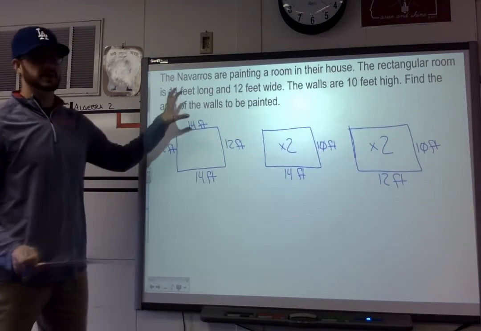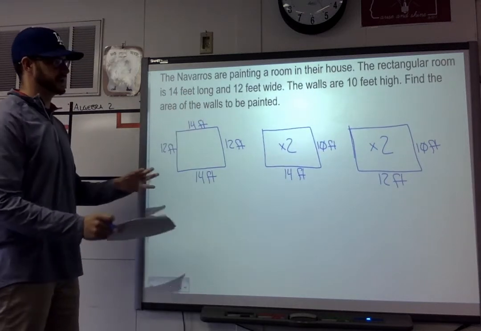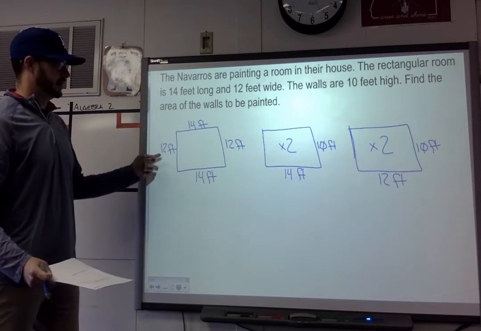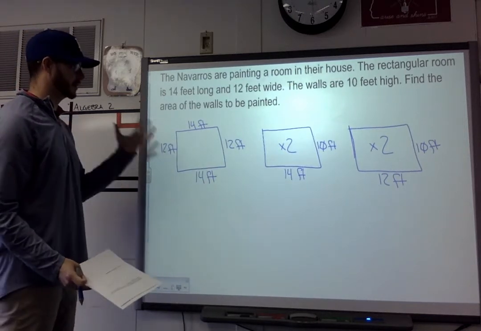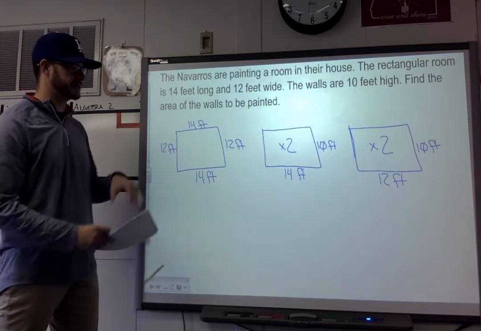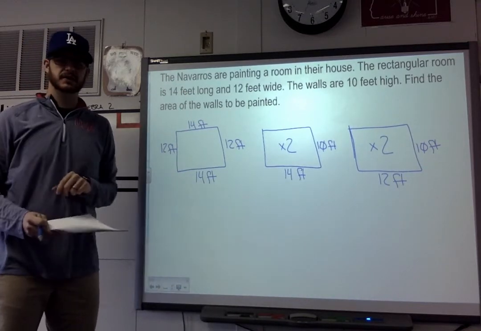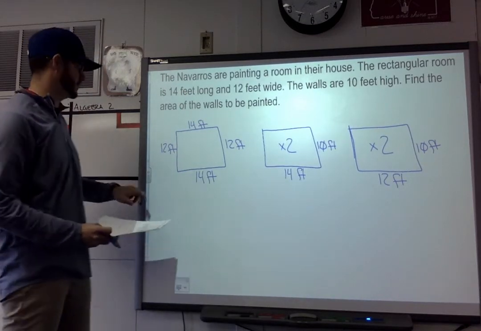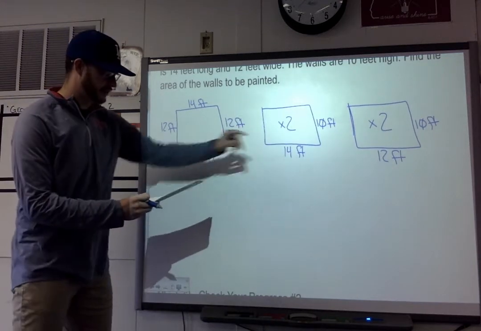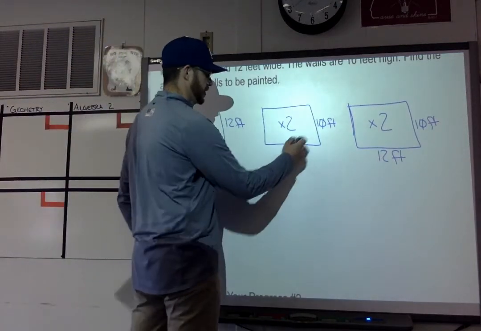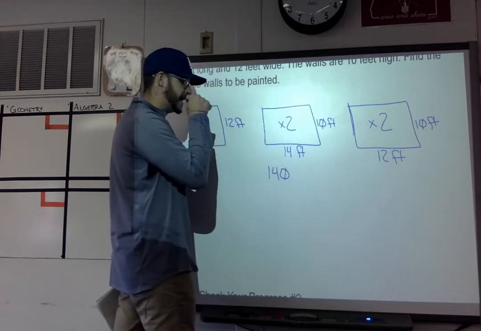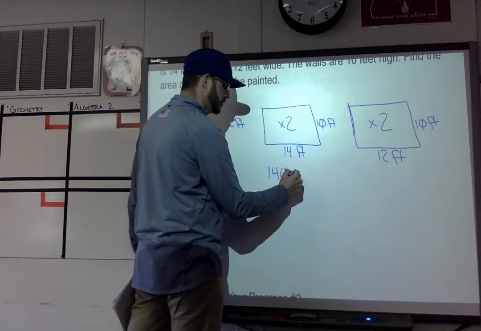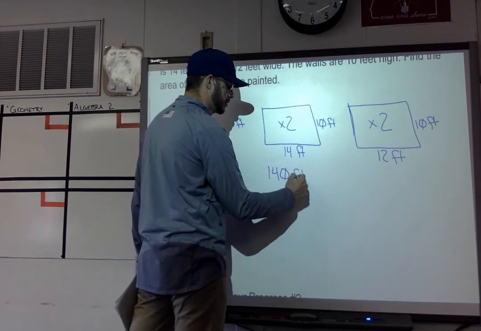Now here, what they're leaving out of it, which we're just going to ignore for now, obviously on one of these walls, there's going to have to be a door, but we're going to ignore that, and we're just going to pretend like it's a completely enclosed room and they're painting the whole inside. So for this side, each wall would be 14 times 10, or 140 feet squared.